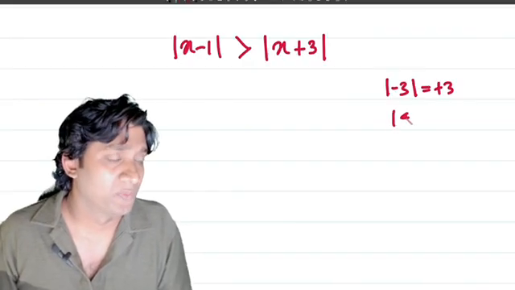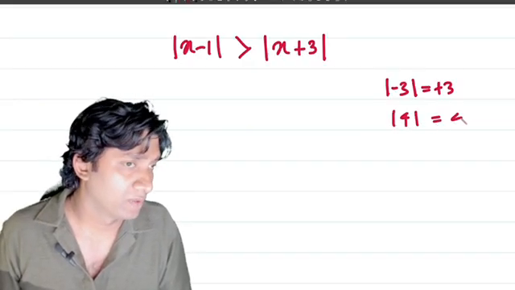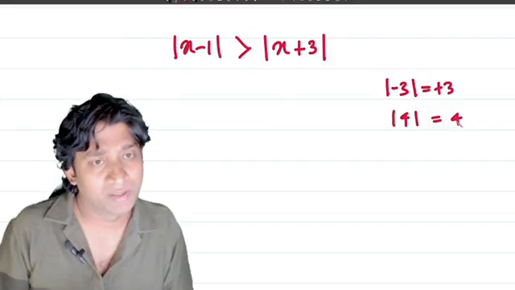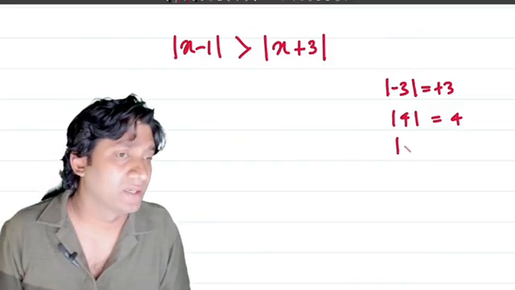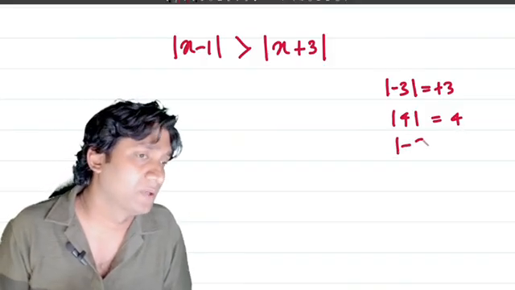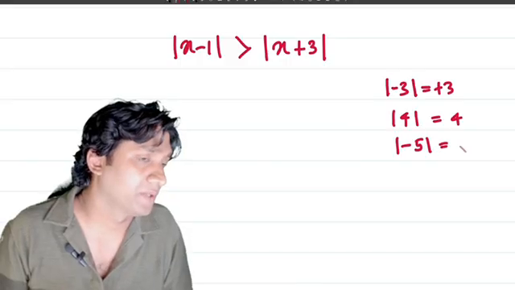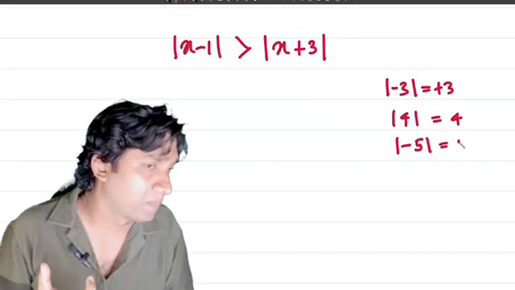If you put +4, there's nothing you need to change. The result is +4. And if you consider the modulus of -5, the value it gives is +5.